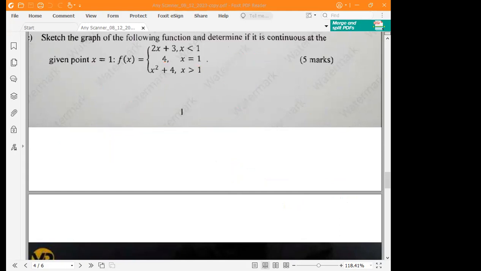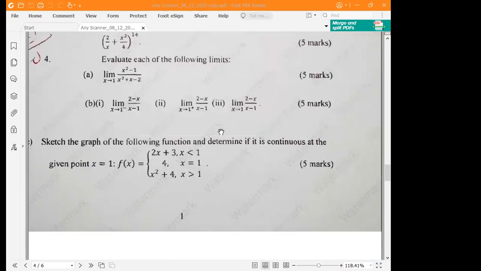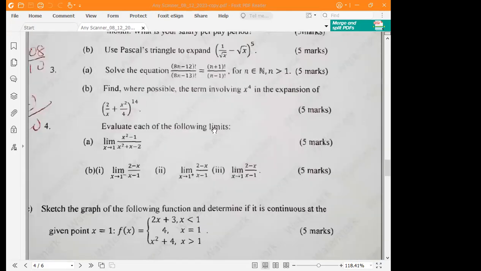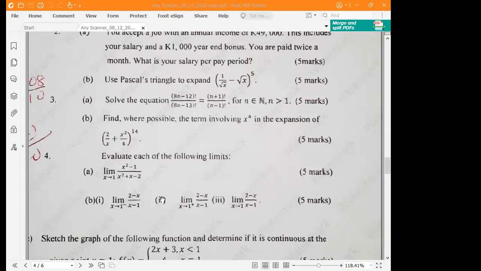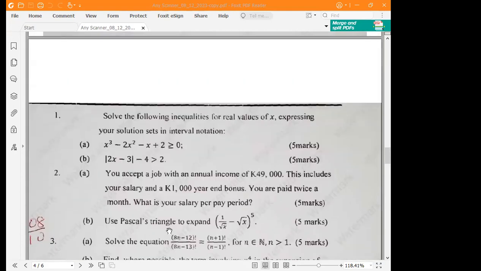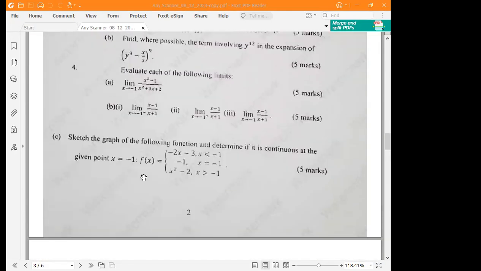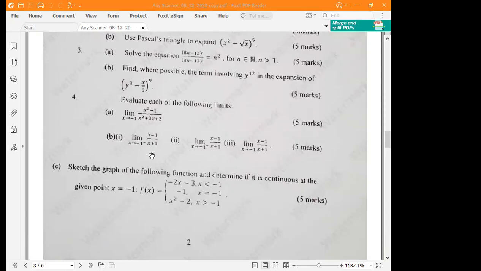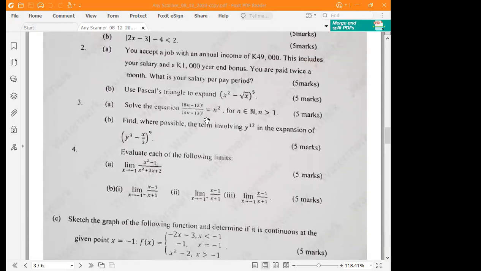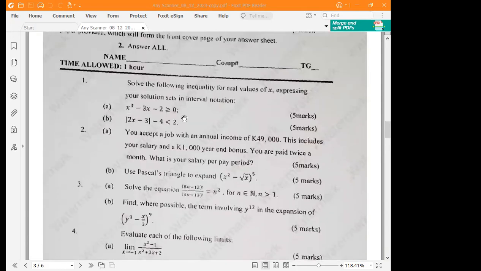So this paper was just trying to help us revise some more topics like binomial, like limits here, like when it is continuous, like the inequalities: continuity, limits, binomial, inequality.